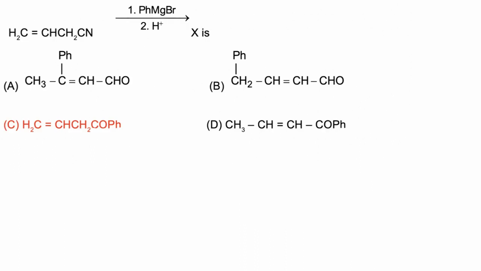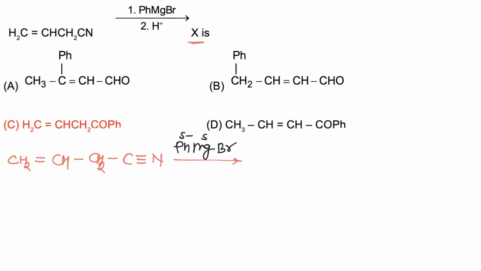In this question we have to identify the final product of the reaction. Now this molecule CH2 double bond CH, CH2 C triple bond N has a polar pi bond, and it is reacting with PhMgBr. PhMgBr is a Grignard reagent, and a Grignard reagent acts as a very strong nucleophile.